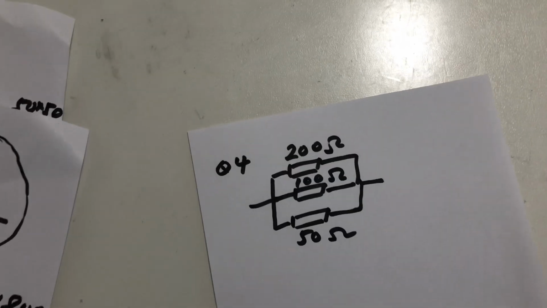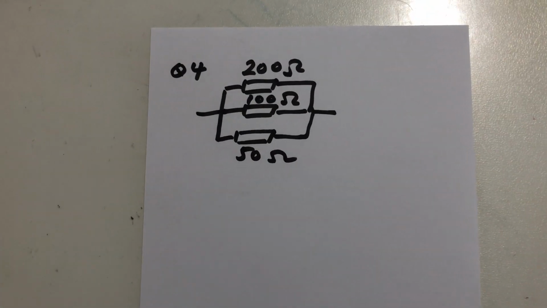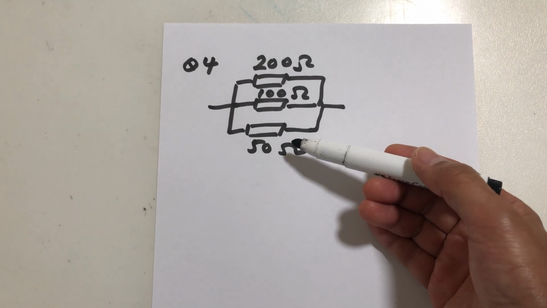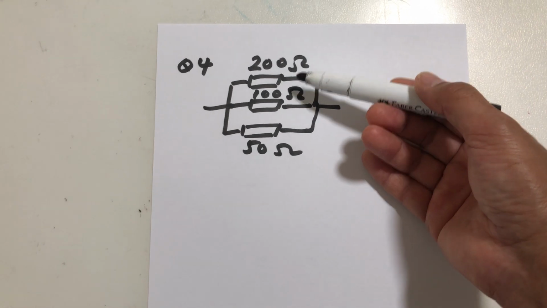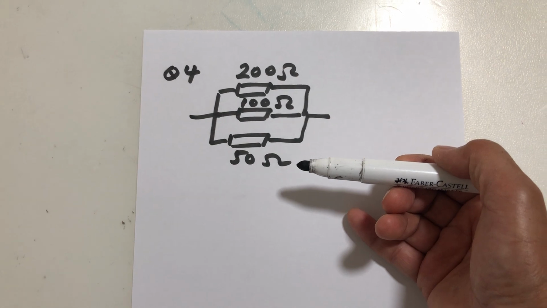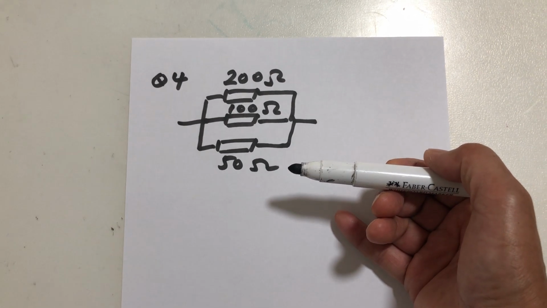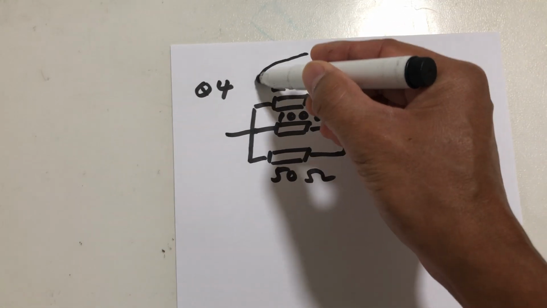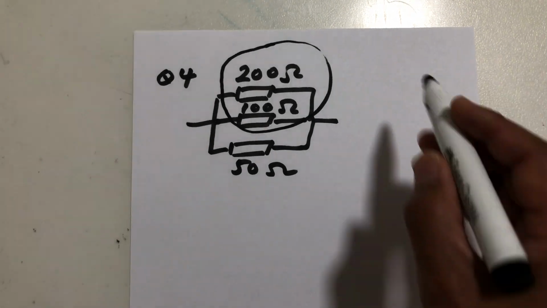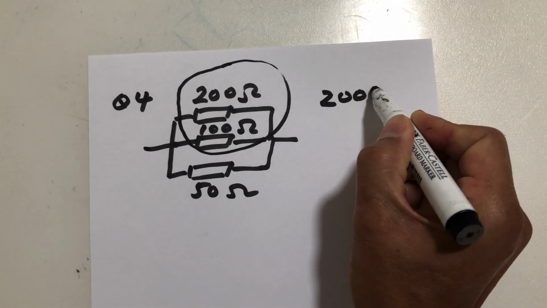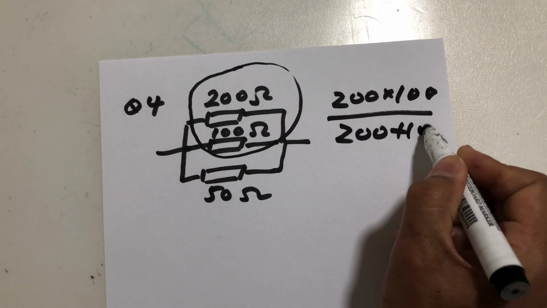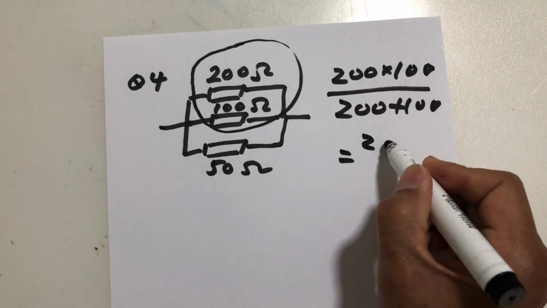Now, for question 4, it's a tricky one, 200, 150. And I said before, you cannot multiply three numbers together and divide by three numbers together. No, you can't. So what do we do? Some student gave me some thoughts. So I do the first two numbers first. We do the same thing, 200 times 100 divided by 200 plus 100.